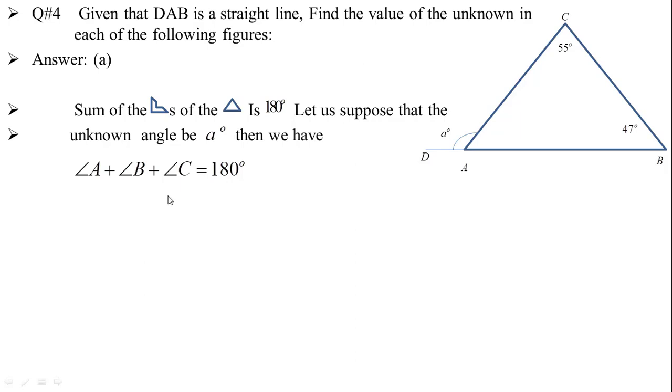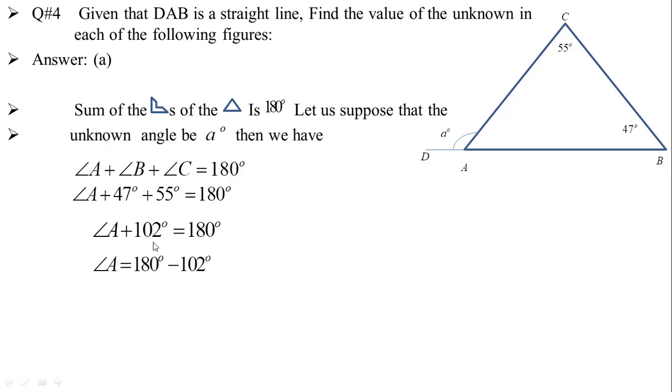Now putting the values, A plus 47 degrees plus 55 degrees is equal to 180 degrees. Adding 47 plus 55 is equal to 102. Angle A plus 102 is equal to 180 degrees. Then angle A is equal to 180 minus 102. The value of angle A is equal to 78 degrees.